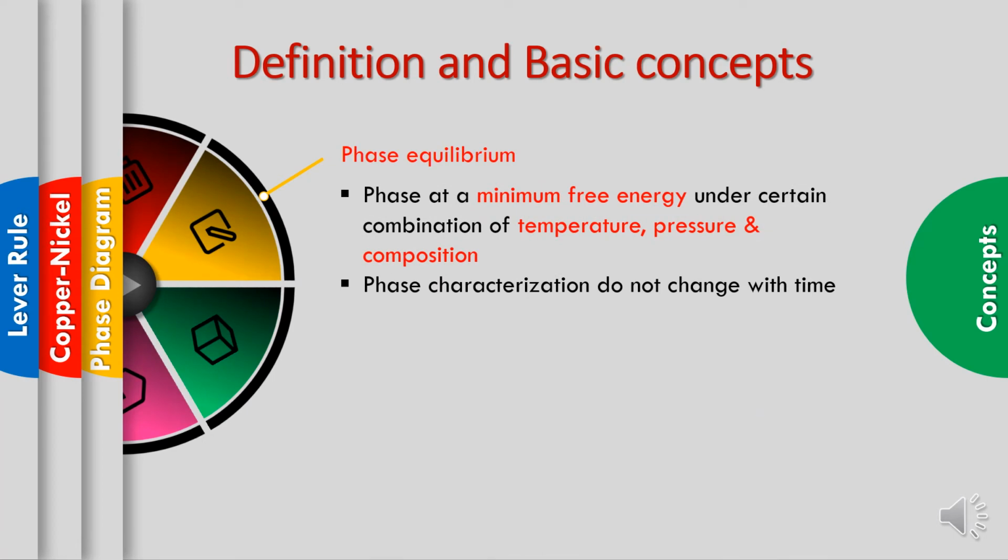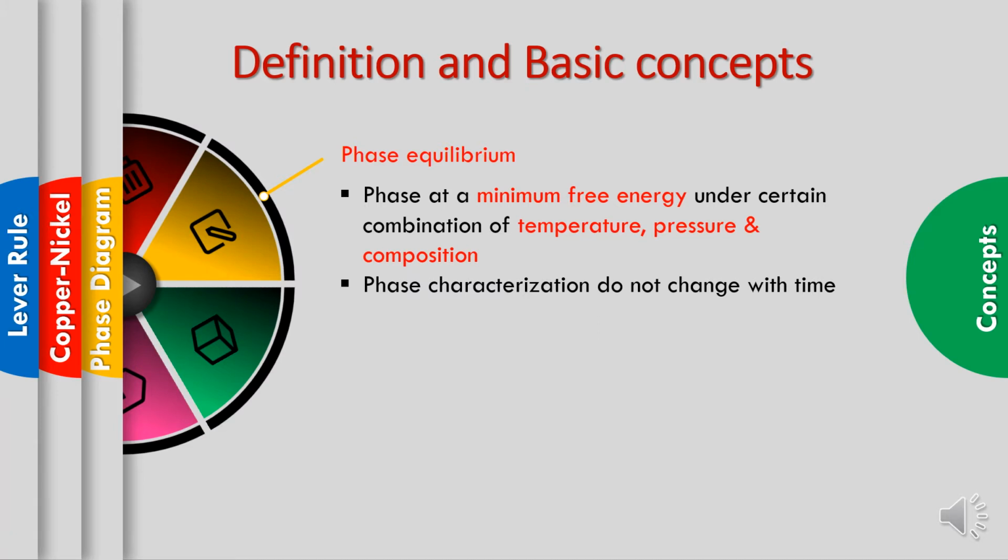And then we have phase equilibrium, a phase at a minimum free energy under a certain combination of temperature, pressure, and composition. In this case, we have three phases, which are solid, liquid, and gas. In equilibrium, the parameters are temperature, pressure, and composition.